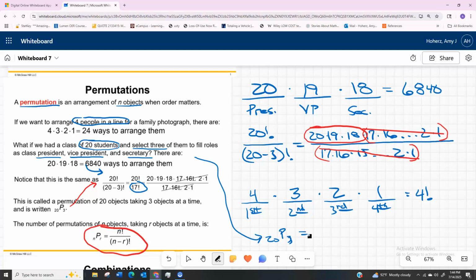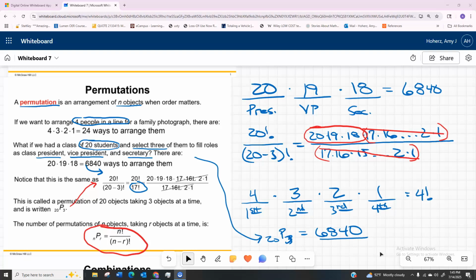After that, 6,840. And then I know that you went on your calculator and calculated 20P3, so you knew it was a permutation, which meant you knew that the order mattered. You knew that there were 20 that you were selecting from and 3 that you selected, and you put it into your calculator correctly. So this would be all the work that you would need to show on a written exam for this.